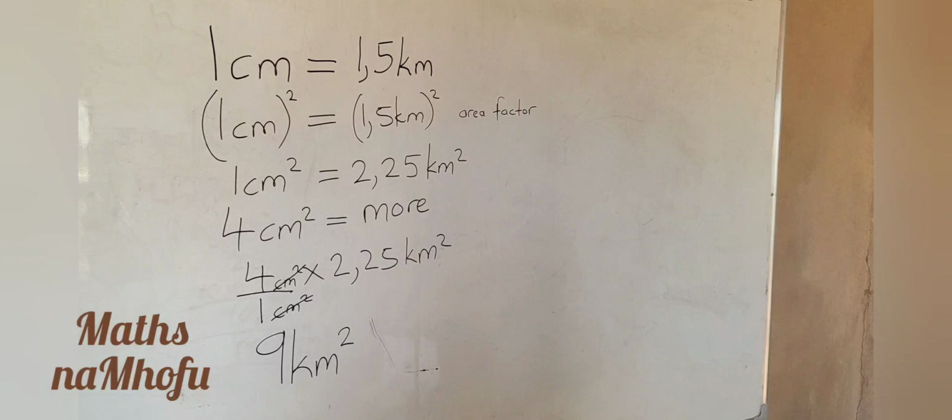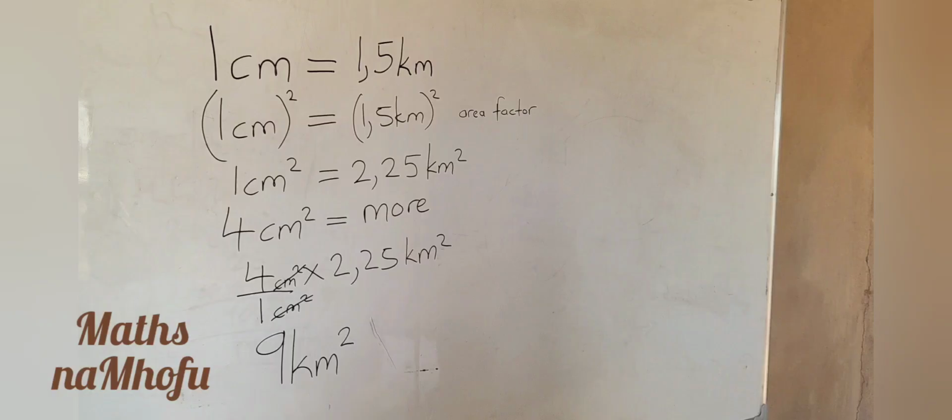Since we are asked to find 4 square centimeters, using proportion, it means we're going to get more. And when we are getting more, we use an improper fraction. So 4 over 1 times 2.25. When you simplify this, we end up with 2.25 times 4, which is 9.